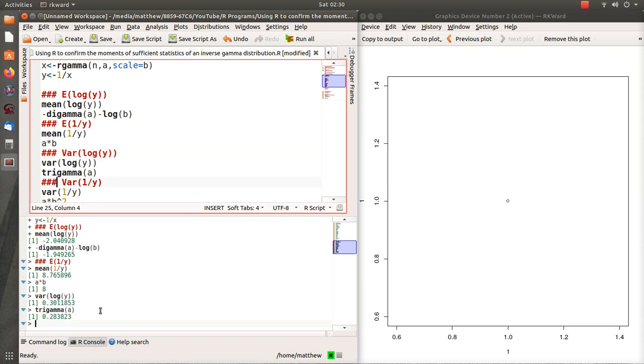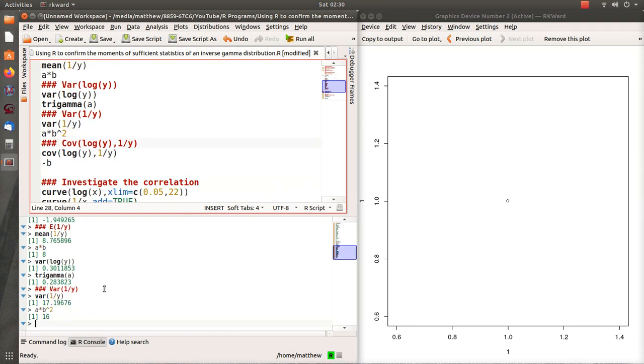So you can see that when you're dealing with a small sample, the simulated variance of the log of y is 0.3, the theoretical is 0.28, and so forth. The simulated variance of 1 over y is 17.1, theoretical is 16. So they're all in the ballpark. And of course with the million, the estimates and the true parameters are right on top of each other. The covariance is minus 2.15 versus the theoretical of minus 2.